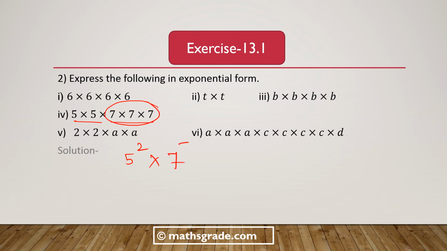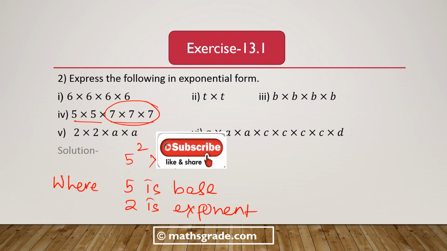So it will be 7 to the power 3. In 5 to the power 2, 5 is the base and 2 is the exponent or power.